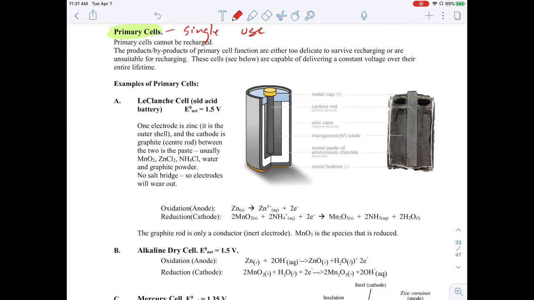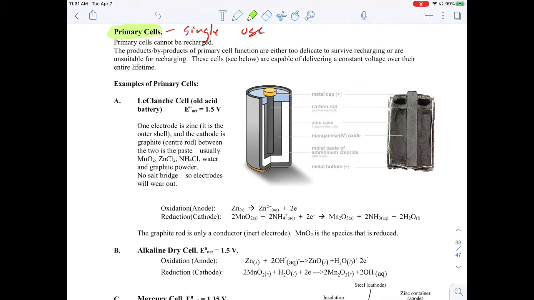And so the primary cells have several different kinds of arrangements, but usually they are the ones that we're used to seeing. They have an electrolytic paste, and they're going to have two electrodes.